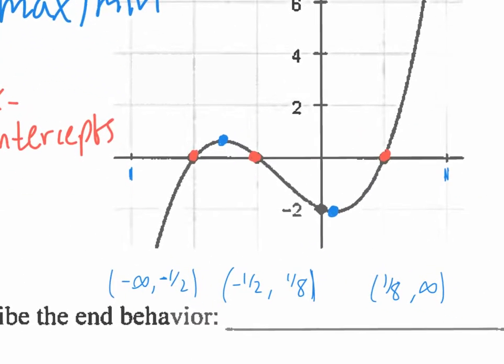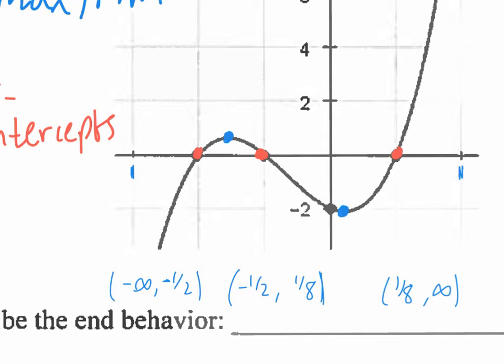So let's zoom in and talk about these intervals. This first interval comes from negative infinity and goes to about negative 2/3. Then I have this in-between interval, which goes from negative 2/3 to about negative 1/3.